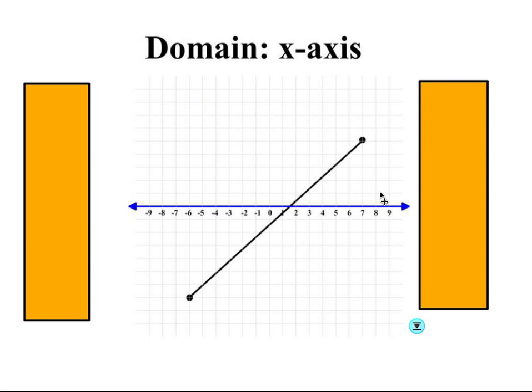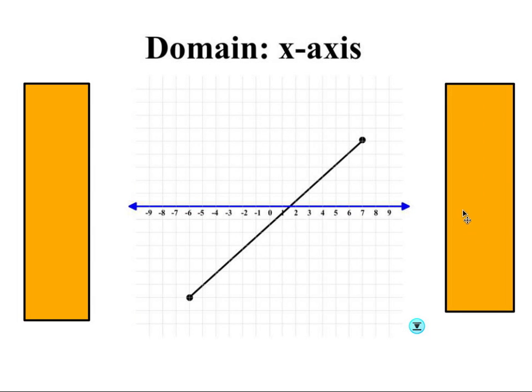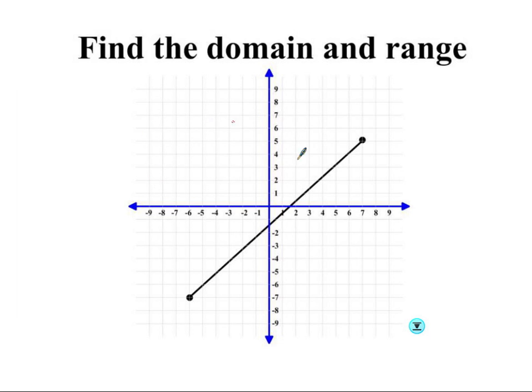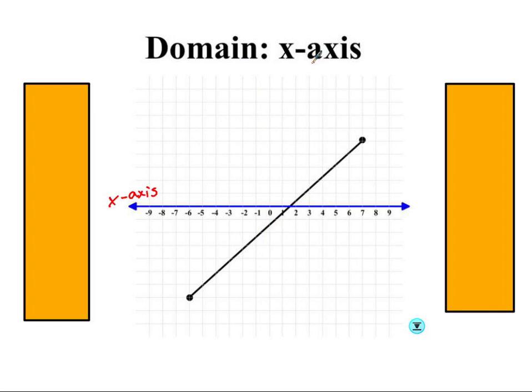Now, to find the domain, basically what we have to do is concentrate on the x-axis. You're only looking at the x-axis. So this is the original question. It's going to give you both axes, but when you're looking for the domain, you're looking at just the x-axis. Now, these elevator doors are special.